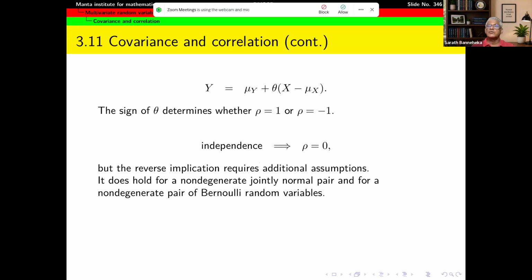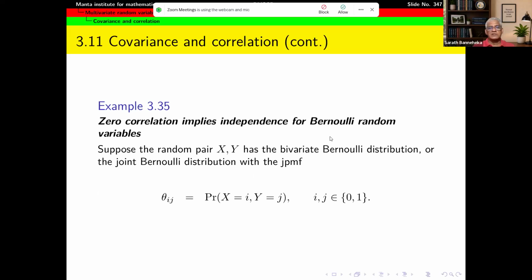And similarly, if two random variables jointly have a bivariate Bernoulli distribution, in that case also, rho equal to 0 implies the random variables are independent. So we will now look at those two examples. Those are two particular cases. Zero correlation implies independence for Bernoulli random variables.